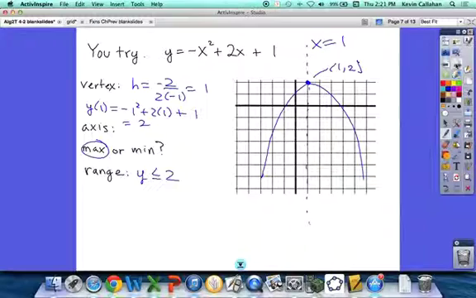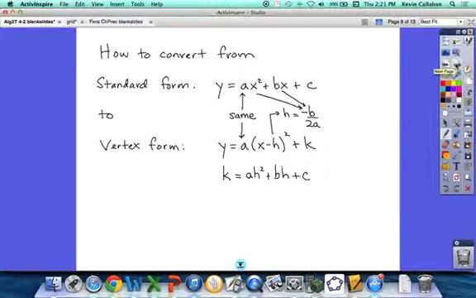Okay, the next thing is we convert from the standard form to the vertex form, the one we used last time. There's more than one way to do this. In this class, we talked about completing the square, before we talked about the quadratic formula, as a way to solve quadratic equations, which we don't generally do because that's what the quadratic formula comes from.